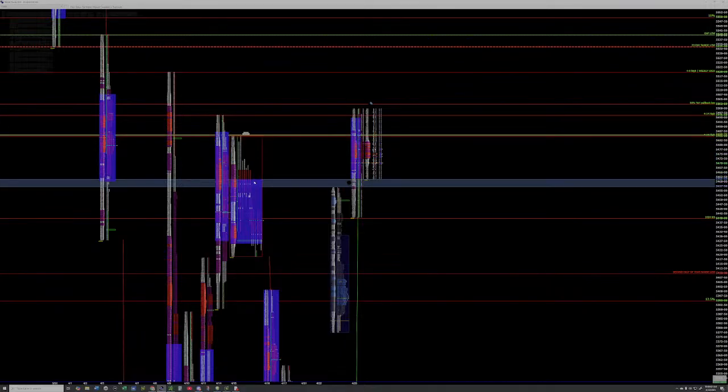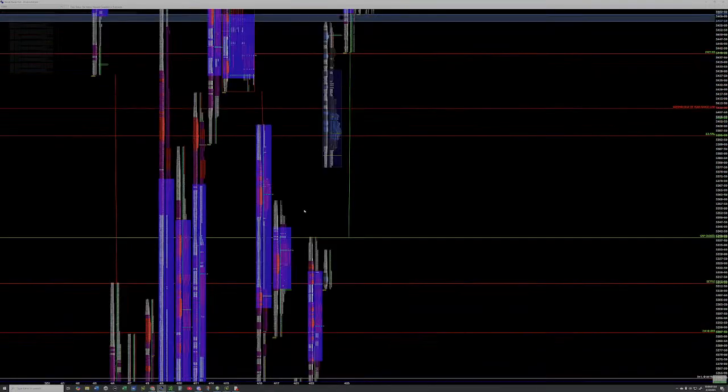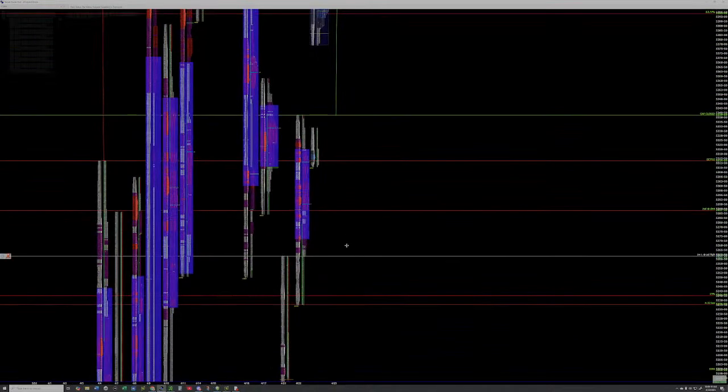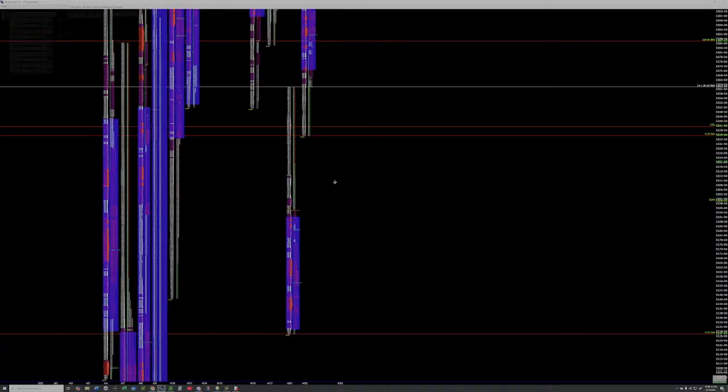This was a 45-degree line, and when the market comes down to this, all of these longs are forced to liquidate. Whoever doesn't liquidate has a tremendous amount of pain.